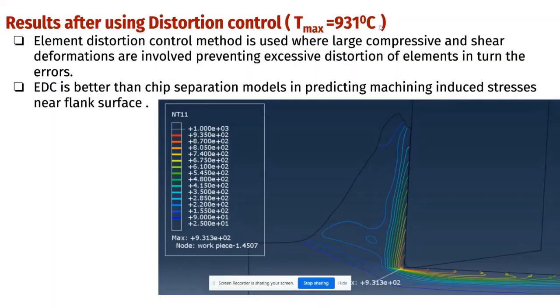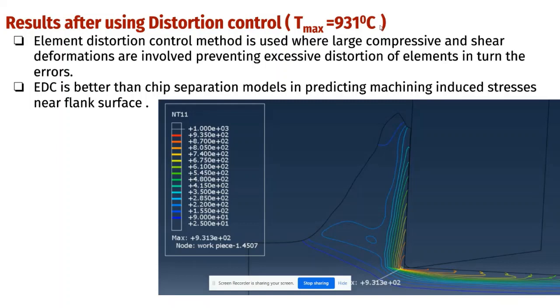The method used for simulation is the element distortion method, which helps to avoid failure of simulation due to high distortion of elements of the mesh due to large compressive and shear deformations in a relatively small area, which can lead to negative increment time. Negative increment time has indeed occurred while implementing the ALE method, by which the simulation has failed.